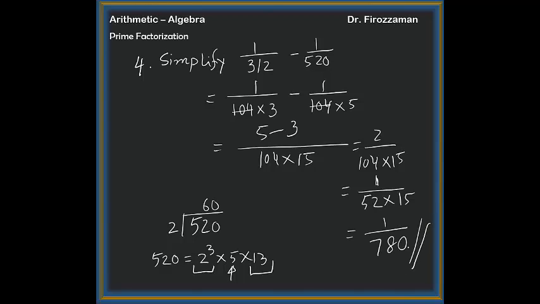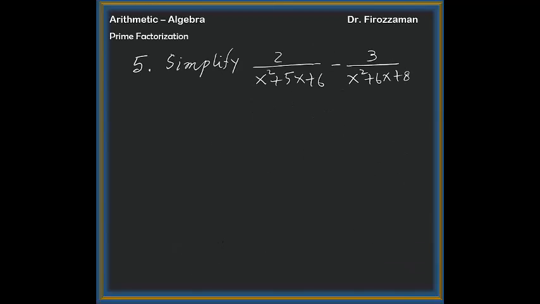Now I'll show you the connection in algebra. All right, so we got a question from algebra that we need to simplify the rational expression 2 over x squared plus 5x plus 6, minus 3 over x squared plus 6x plus 8. If you know the basic rules of factoring trinomials, then you understand that x squared plus 5x plus 6 goes like this. You collect 2 factors from 6, which are 2 and 3.